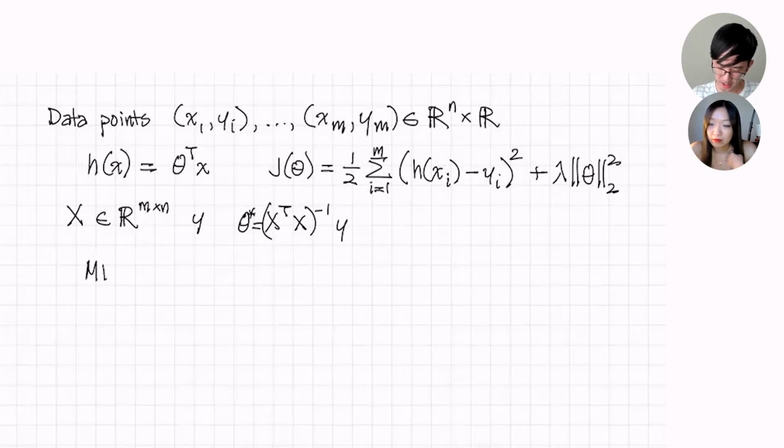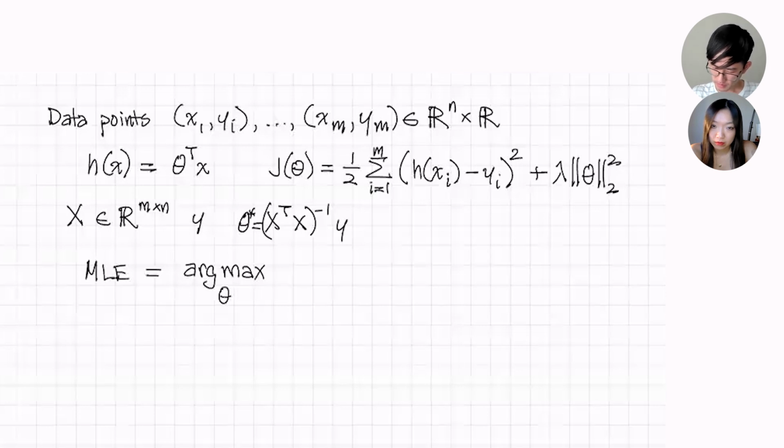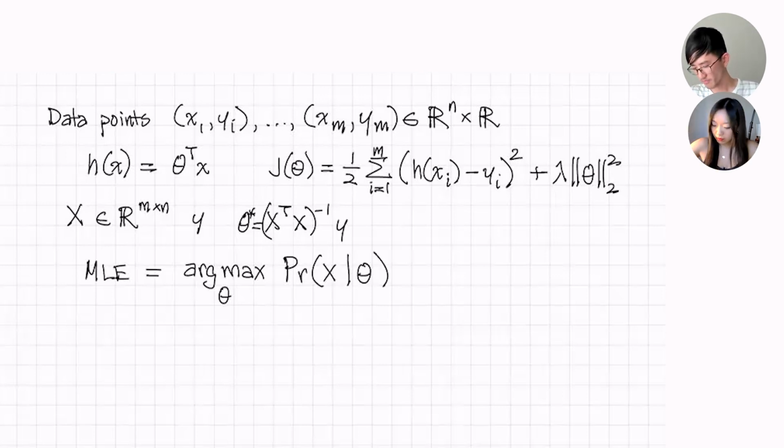The maximum likelihood estimate would be argmax over all theta of the probability of seeing this data X, given that theta is our model. So if you want the most reasonable model, for MLE, that means the model that's most likely to give rise to the data.